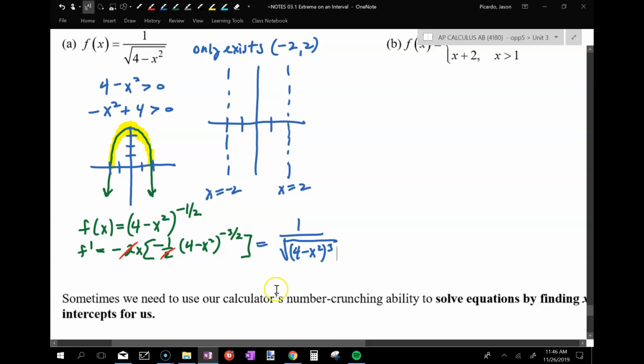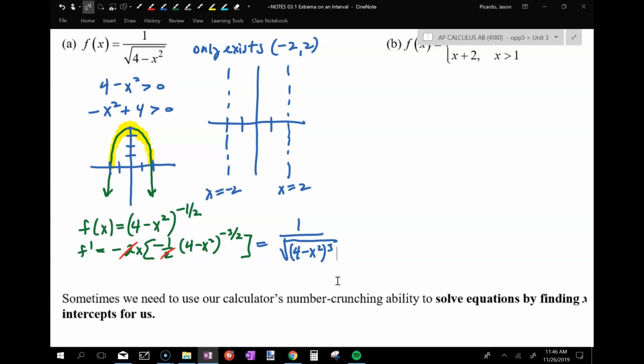Well, we don't want it to. Well, we do want it to equal 0 because that tells me when the derivative doesn't exist, which gives me a critical point. So what value can I plug into this that gives me 0? 2. What other value can I plug into this that gives me 0? -2. Oh, okay. Well, those happen to be the asymptotes, right?